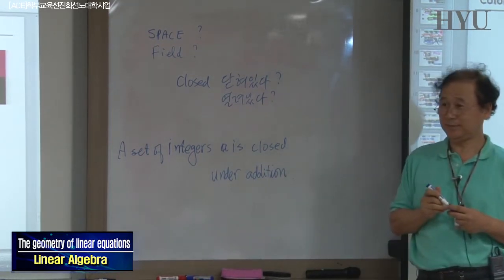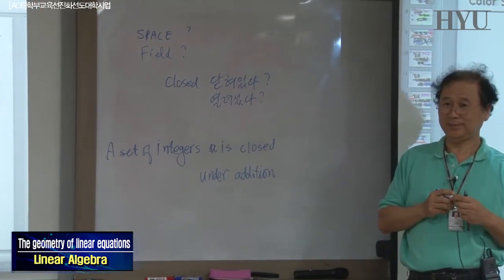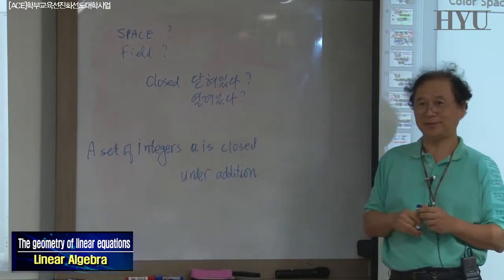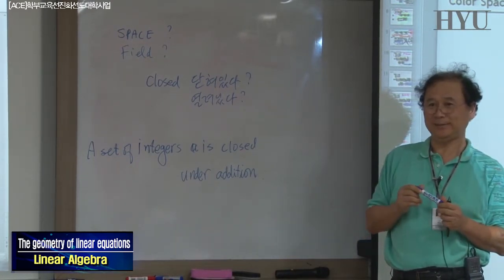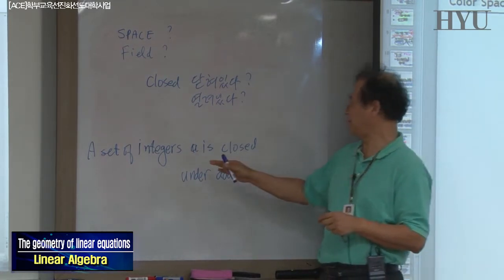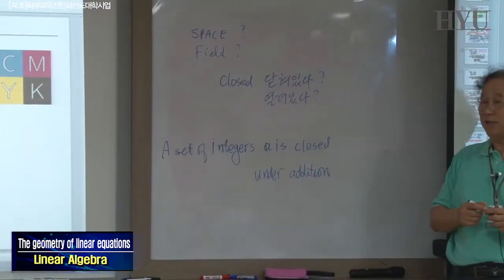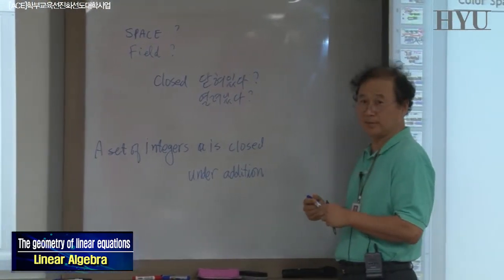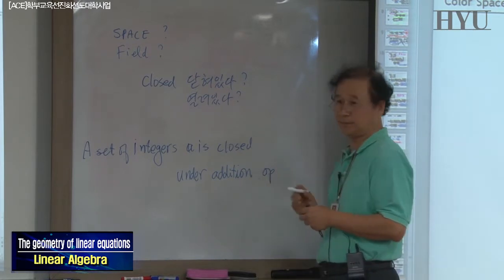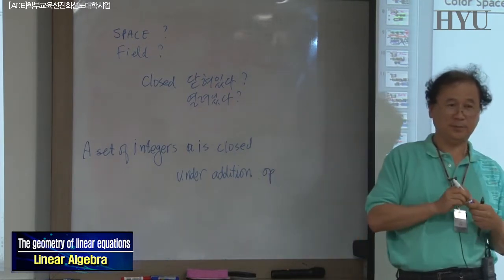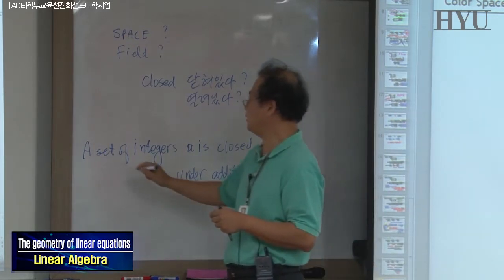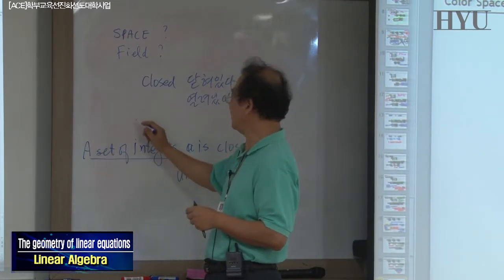On the addition. What is this? So what do you mean by the set of integers being closed under the addition operation? Pick any integers i and j.